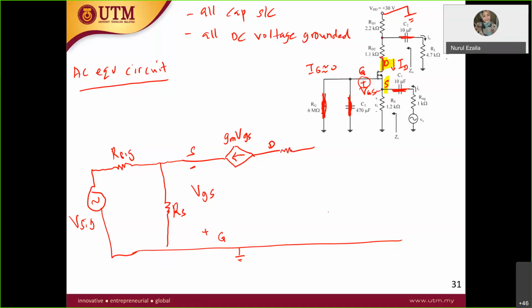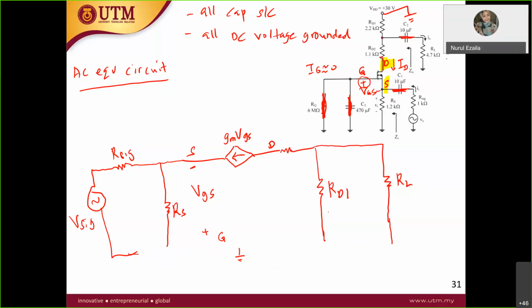So you have RD2, and then RD1 to the ground, and from RD1 you have RL. So this is your V out. From the drain you have RD2, and then RD2 is split into RD1 and RL.